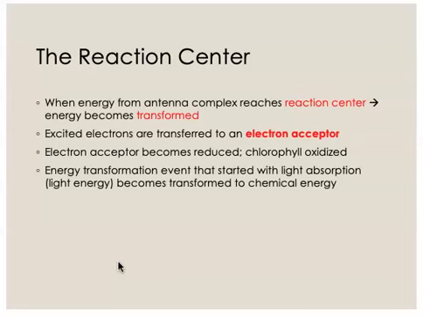The energy transformation event that occurs here started with the sun. Light that was coming from the sun was absorbed by the pigment molecule, and it was transmitted to the electrons in the pigment molecule, and it excited those electrons up to higher discrete states of energy.